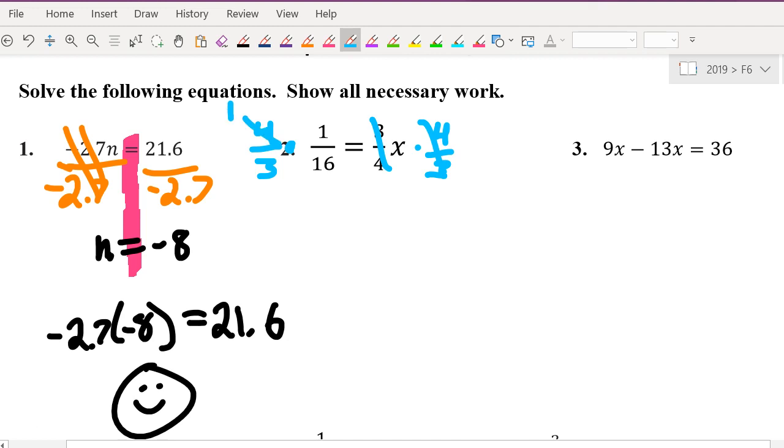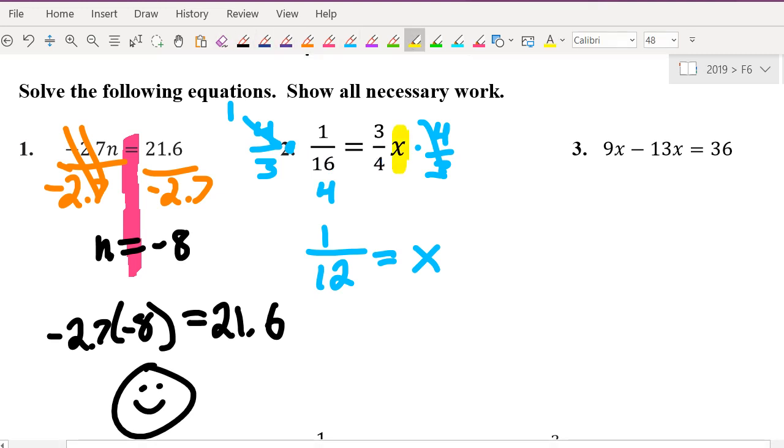Now let's cross cancel here. So 1/12 is equal to x. Now you might think to yourself, hey, that doesn't look like a normal answer, so maybe I should check it. Now I know that it's right already, but can you check it? Of course, so watch what we're going to do. We're going to put it in the place of x here, right?